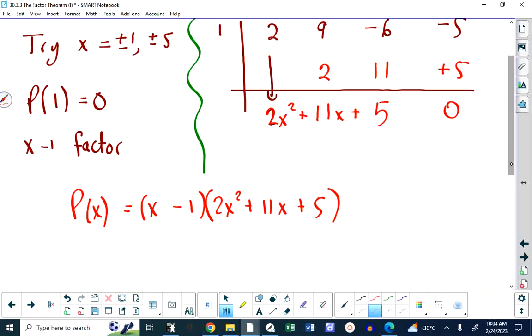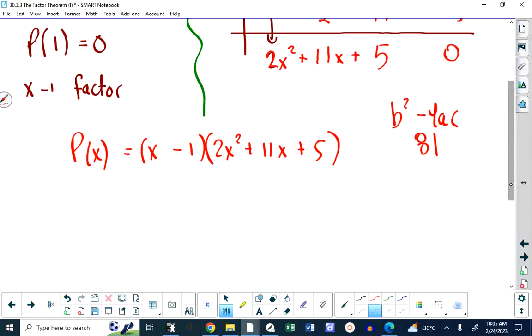Can you do the b squared minus 4ac test? Well, you get 81, don't you? 81 is a perfect square. That means it's factorable. That means I can not waste my time, but use my time to factor it. If it were 71, I would be wasting my time because it's not factorable.